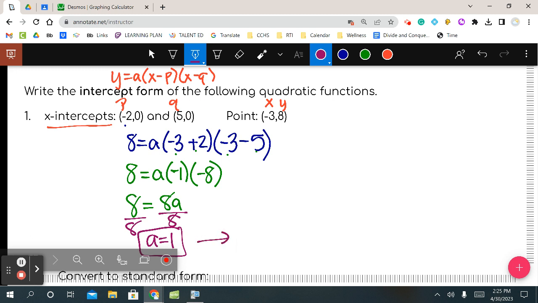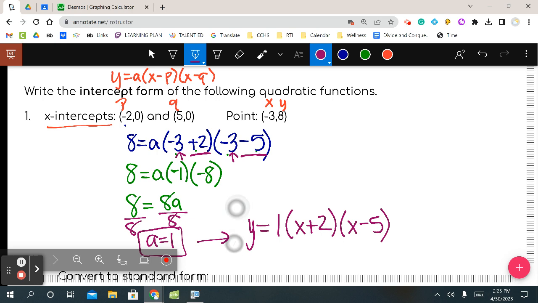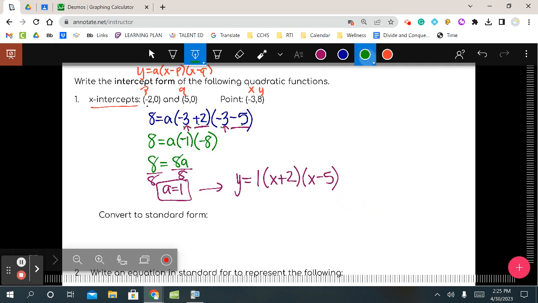So plugging this in, I'm going to get y equals 1, x plus 2, x minus 5. So pretty much I just kept the back the same, and I just put my x's back into those front parentheses. Now I have to convert that to standard form. The 1 in the front really doesn't matter, so the only thing I really need to do is create my box for those back two parentheses.